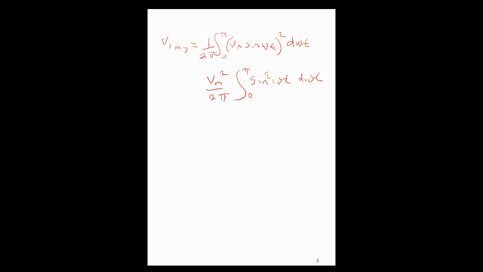All right, so we're going to use a trig identity, and that would be that this sine square omega t, what would that be equal to?